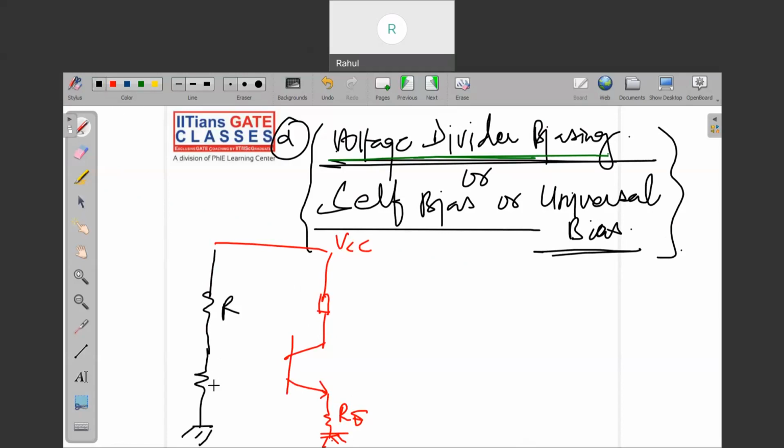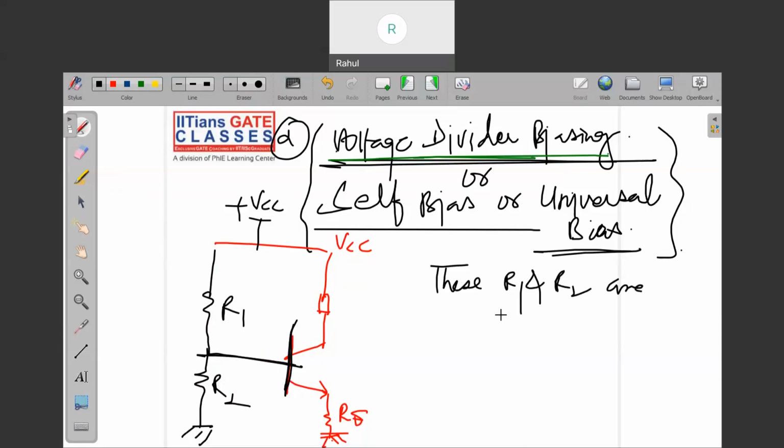In future, you will find that these two resistances are neglected whenever we try to find the gain of the transistors. Plus VCC. These resistors R1 and R2 are used for biasing purpose.